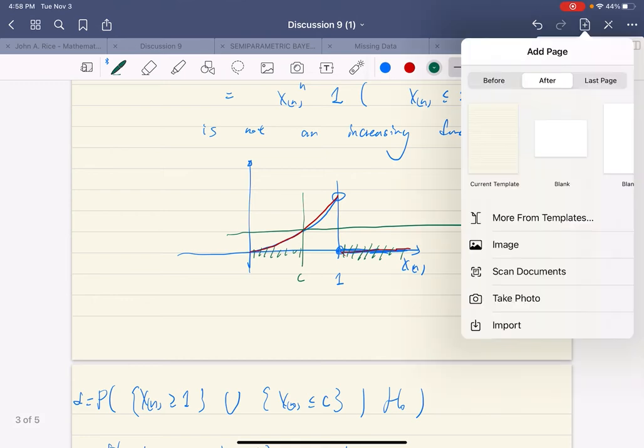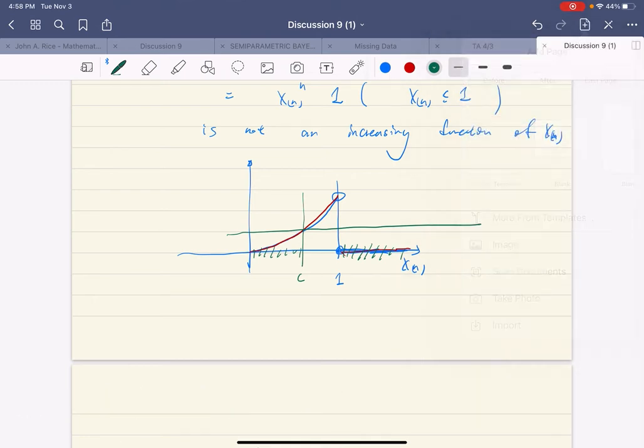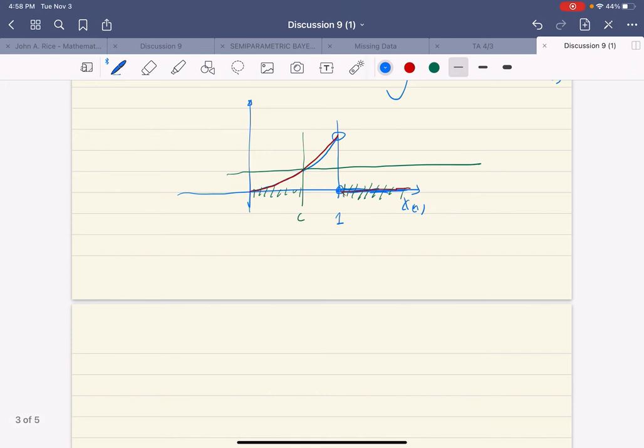So we have defined the rejection region: we reject when Sn is smaller than a constant C, or Sn is greater than 1.